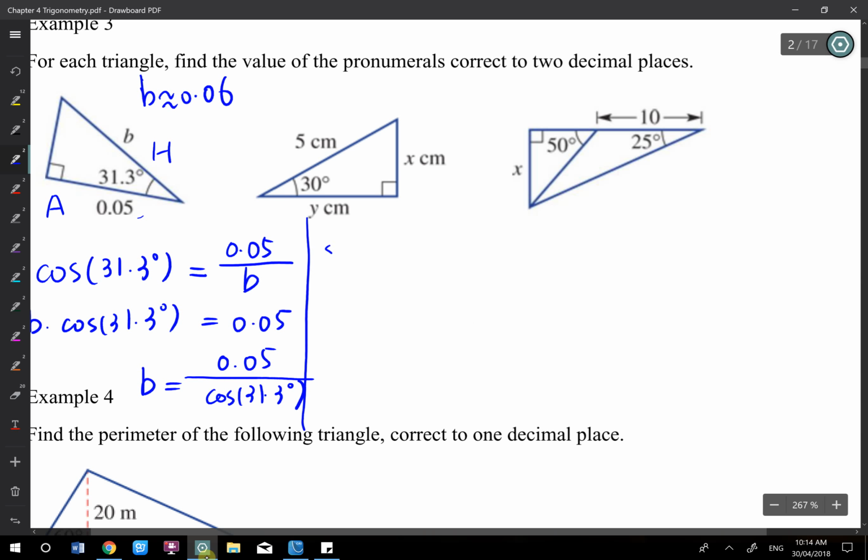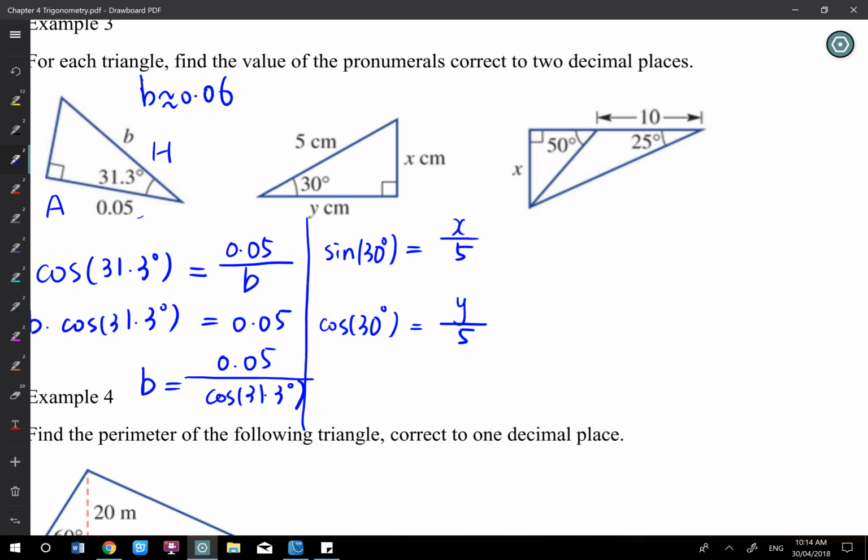So what I'll do is assign tangent 30 degrees equals x over 5 and cosine 30 degrees equals y over 5. I set up two equations separately and I can solve them separately and get the value of x and y.